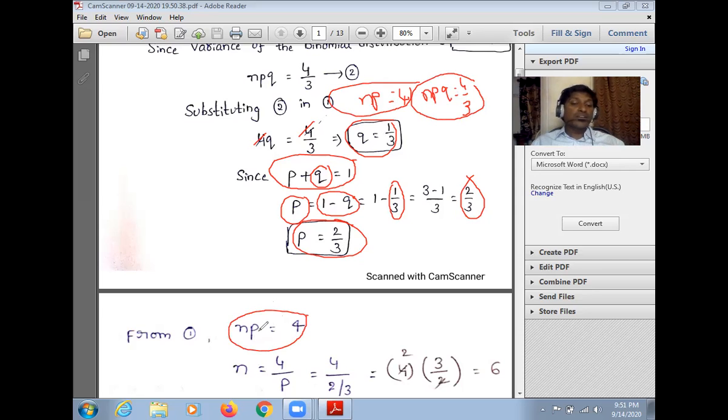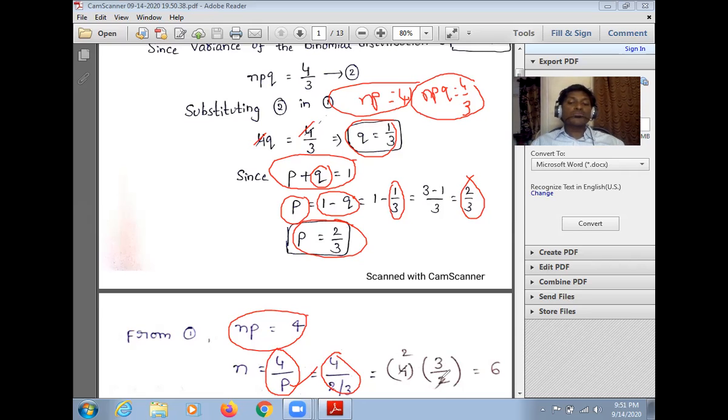Multiplication on this side becomes division on that side, so n is equal to 4 by p. We already calculated the value of p, so we substitute p equal to 2 by 3. So 4 divided by 2 by 3; the 3 from the denominator goes to the numerator, so it becomes 4 into 3 by 2.